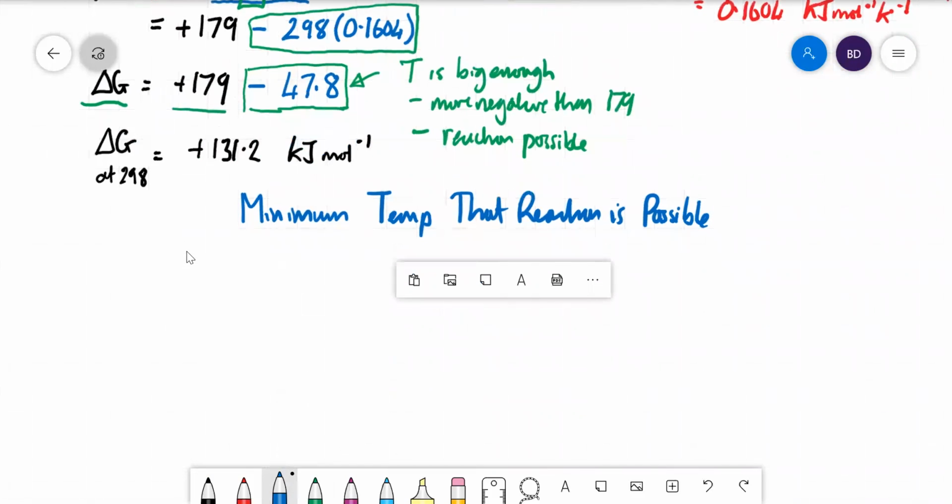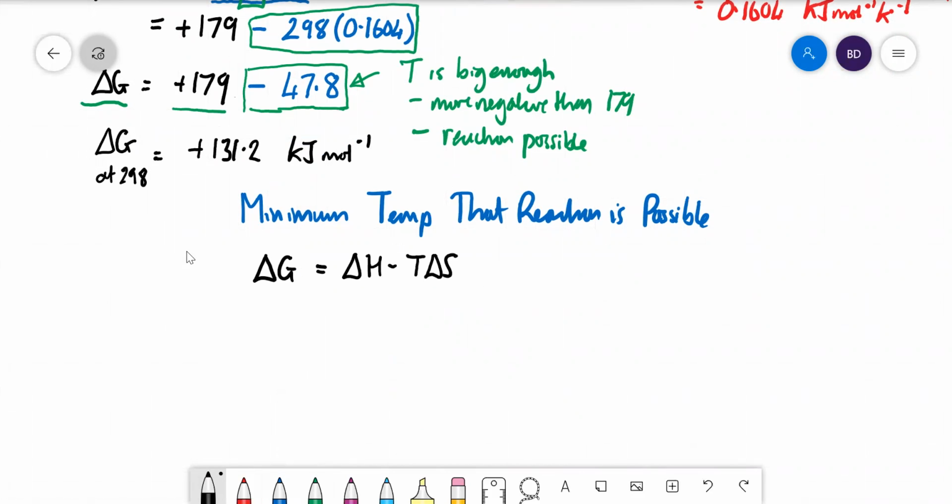Right, so we know that delta G is equal to delta H minus T delta S. And for the reaction to be possible, we want delta G to be less than or equal to 0. For the minimum temperature, we're going to say delta G is going to be equal to 0, isn't it?